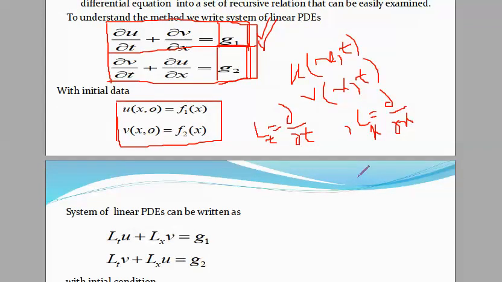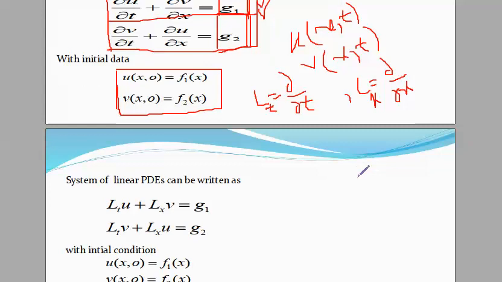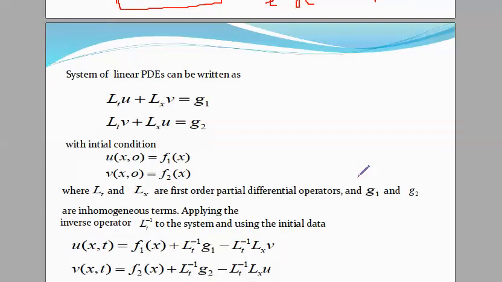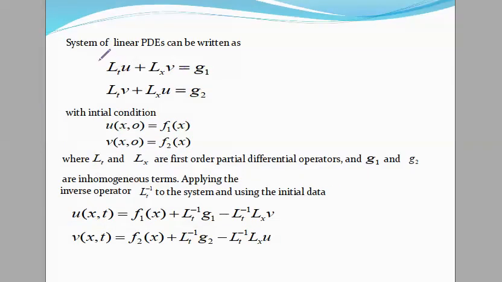The operator form of these equations is: LT u plus LX v is equal to g1, LT v plus LX u is equal to g2. This is the operator form of the partial differential equation.